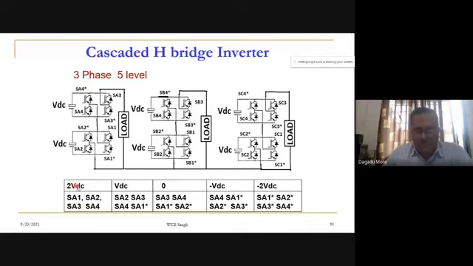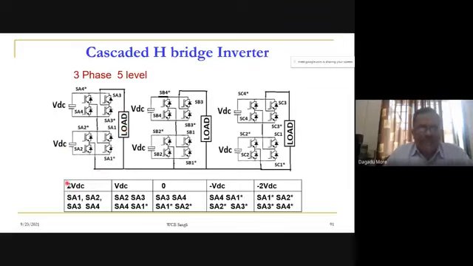So we are talking about the phase voltage. The phase voltage magnitude will be when these two DC sources are added together and appear as positive across the load. With the switching of these devices, we connect the two VDC sources in series, series additive, and they appear across the load.